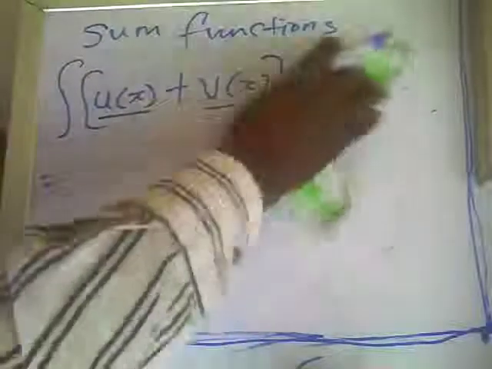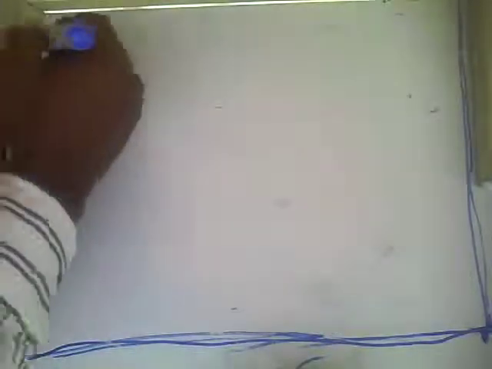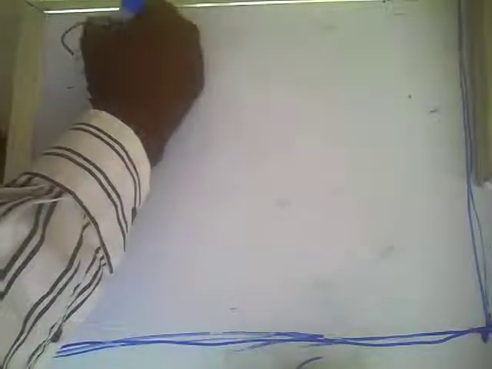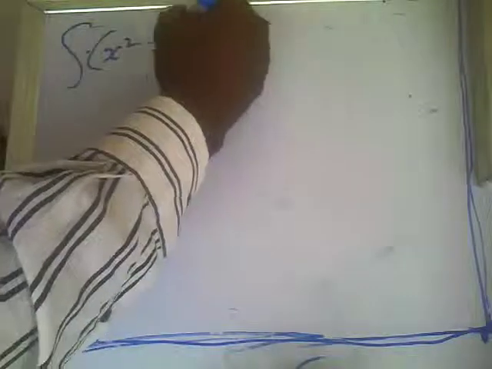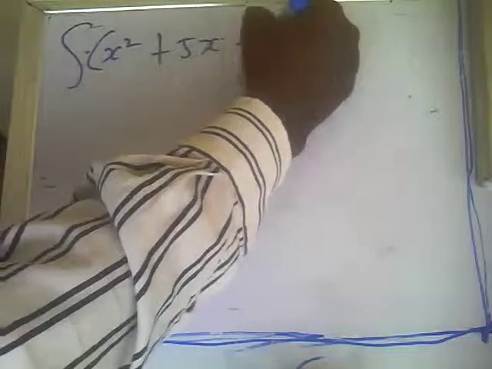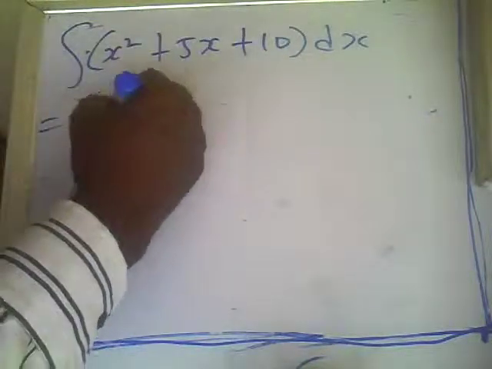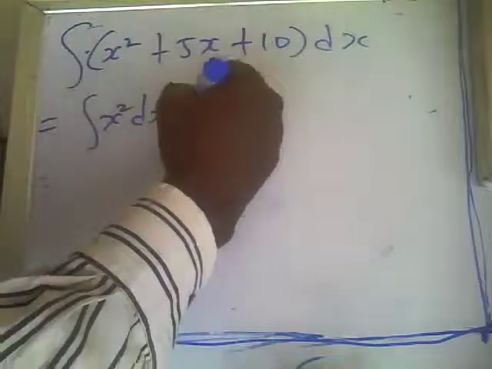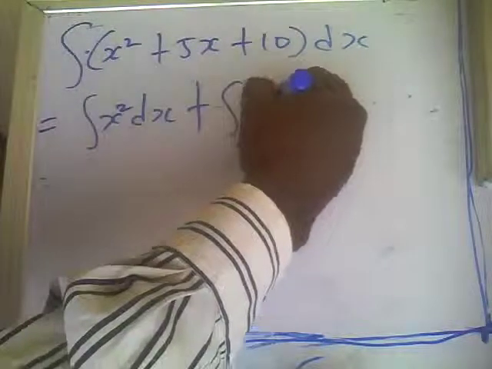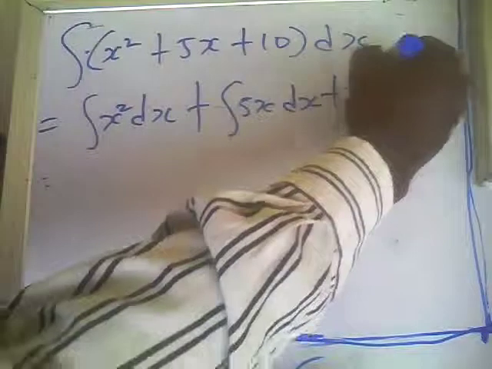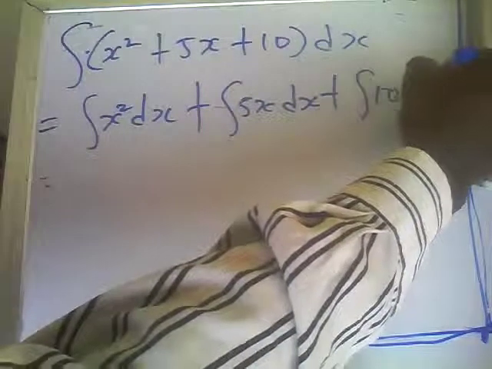Let me give you an example. Let's say we have to integrate x squared plus 5x plus 10, then dx. All we have to do is break it down to the integral of x to the power 2 dx, plus the integral of 5x dx, plus the integral of 10 dx.